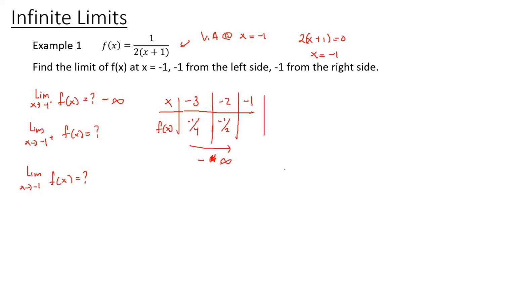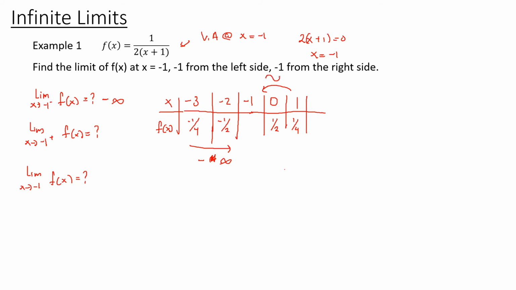Same concept from the right side. We're going to choose 2 numbers or 3 numbers depending on how many you want. Typically 2 is enough. So from the right side, I chose 0 and positive 1. f of 0 is 1/2. f of 1 is positive 1/4. Again, as it gets closer and closer to negative 1 from the right side, it goes from 1/4 to 1/2, which means it's getting bigger and bigger.